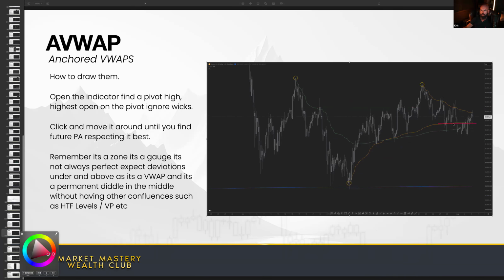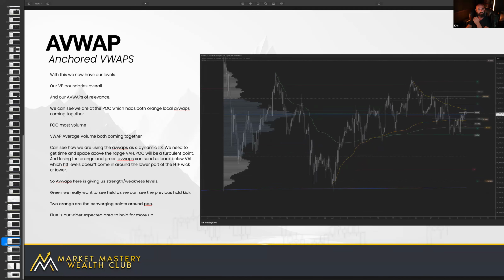We held the green with a deviation, but now we're being rejected here. So once again, we're getting tighter and tighter in this point, and we either get this or we potentially get this and lose that value area low and mark down. So again, just a cool way to watch how things start squeezing in tighter and tighter.